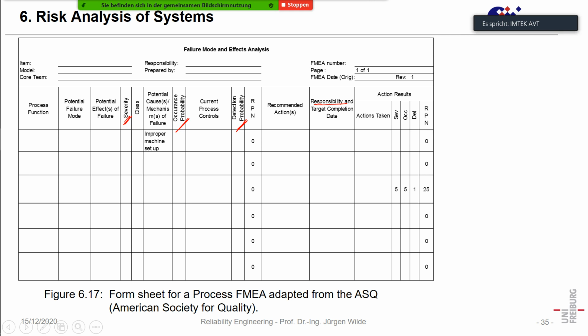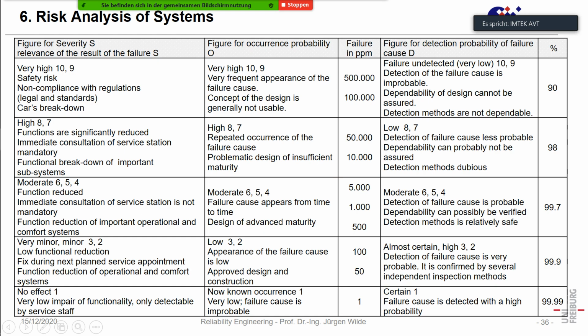And so, of course, we want to reduce the risk priority number, and we must say such a sheet is assigned to each individual system element. So we need lots of such sheets, and of course, such sheets are connected to each other.